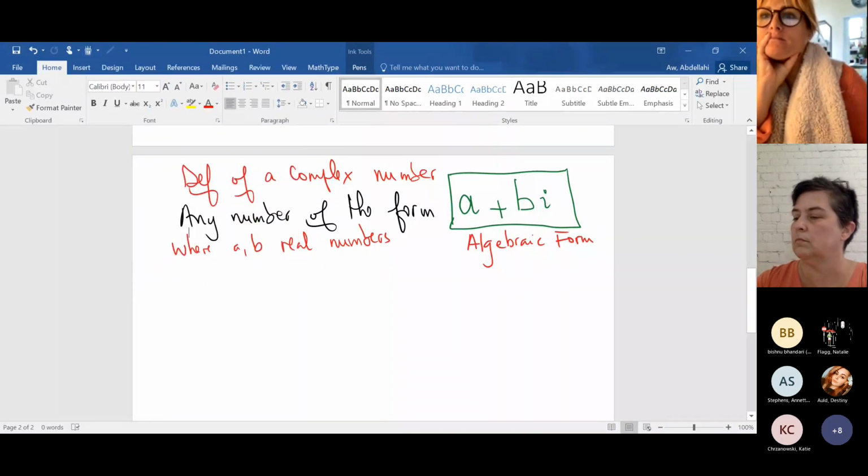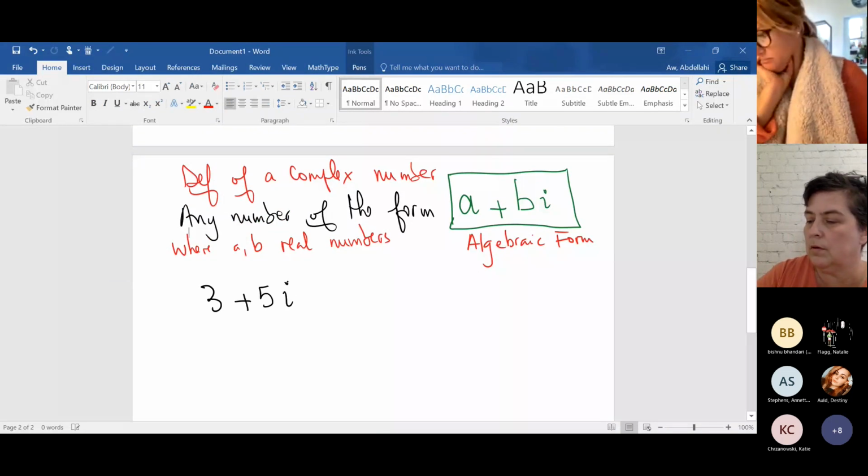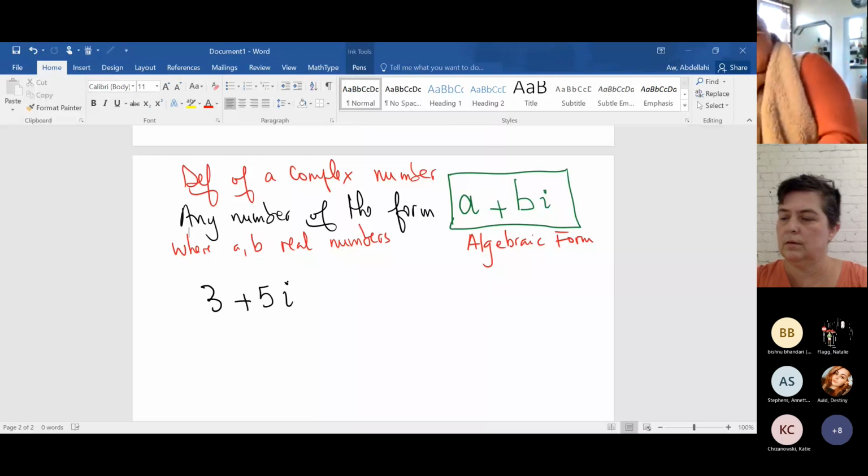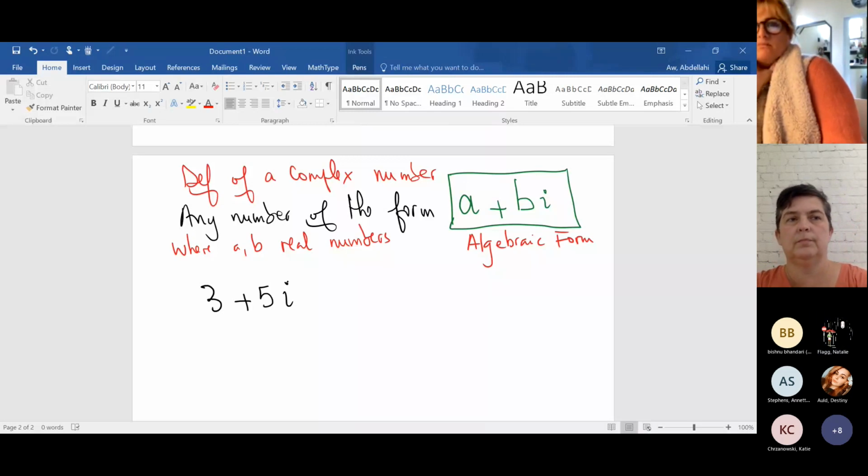For instance, is 3 plus 5i a complex number? Does this match the form? Sure. Yes. Who plays a? 3. Who plays b? 5, right?